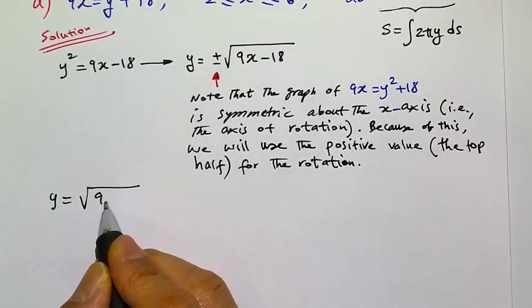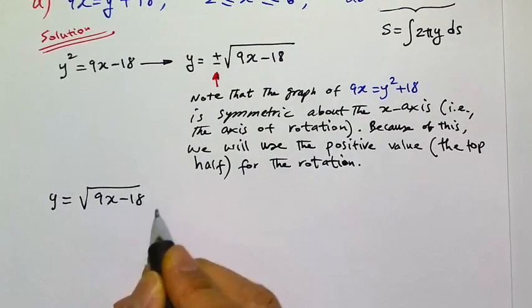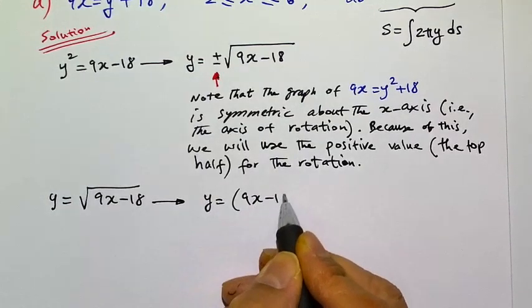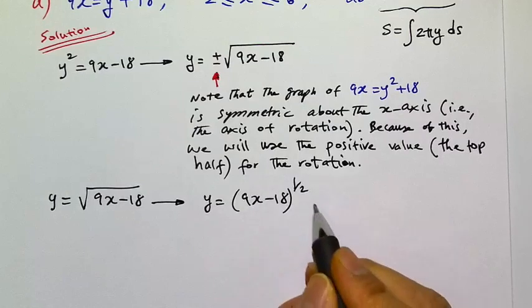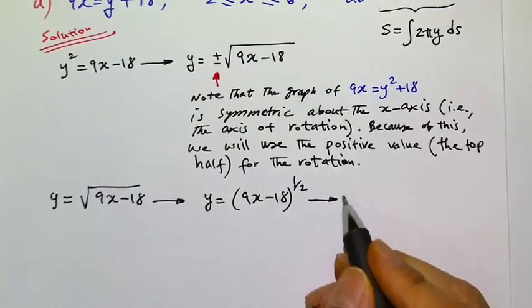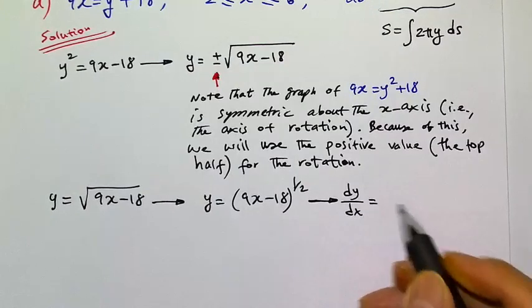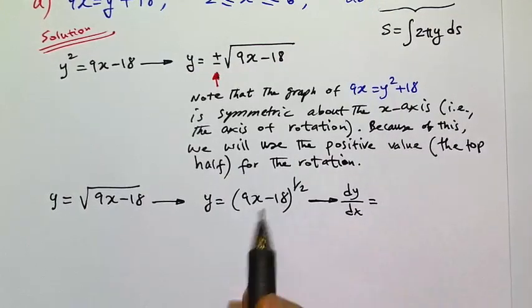So given this, this now becomes 9x minus 18 to the 1/2 power. Therefore, dy/dx will be 1/2.